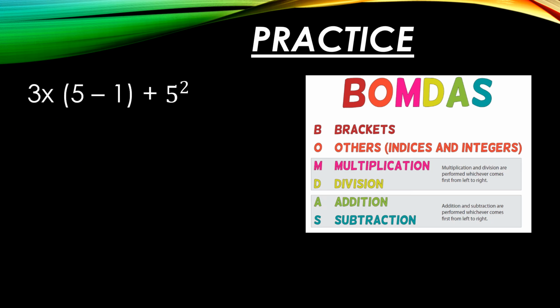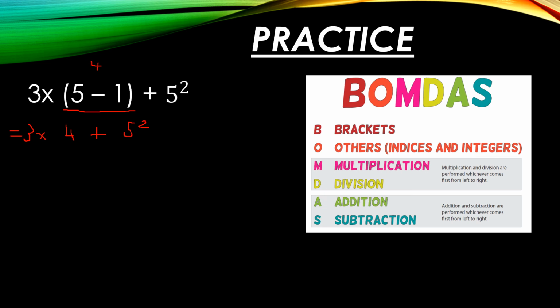So the third and final practice question involves the equation 3 times 5 minus 1 plus 5 to the power of 2, with the 5 minus 1 in brackets. So to start with, we need to look at our BOMDAS scale, and we can see that there are brackets in this question. So if we break them down, 5 minus 1 equals 4. So now I'm going to rewrite this question as 3 times 4 plus 5 to the power of 2.